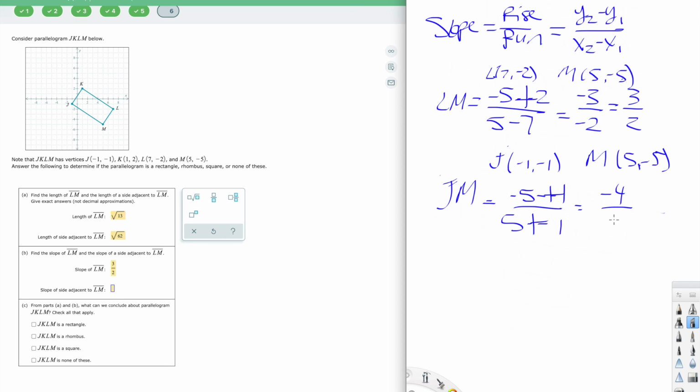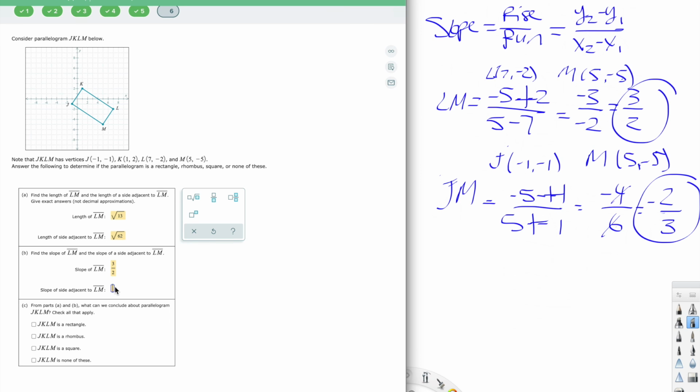I do need to reduce this. It's going to stay negative because there's only one negative this time. But I can divide by 2 and I get 2, I can divide by 2 and I get 3. So I have these two pieces. So 3/2, 2/3, that's a reciprocal. I flipped it over. This was positive, this was negative. So just by chance, I kind of guessed at the fact that it was going to be 2 and 3.